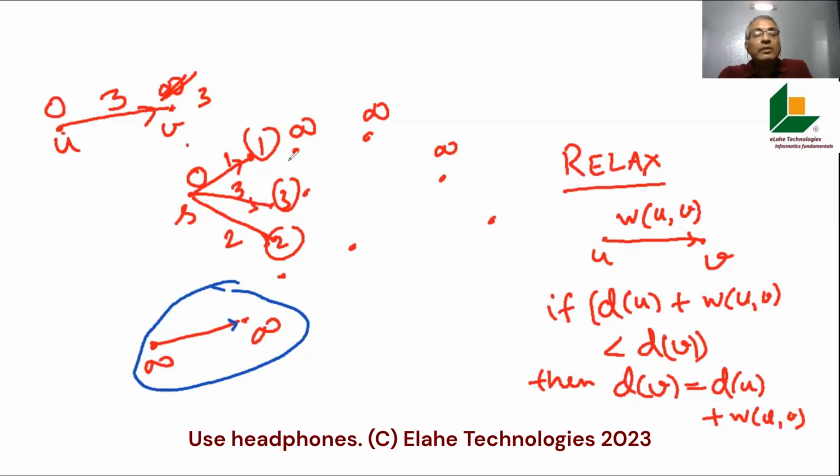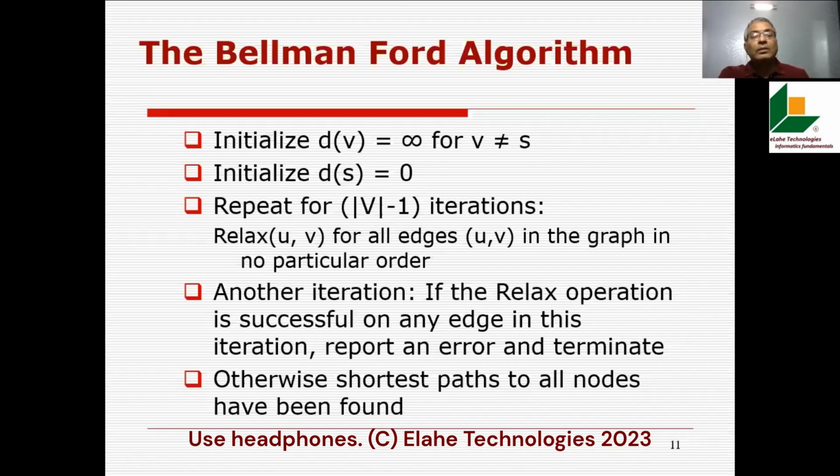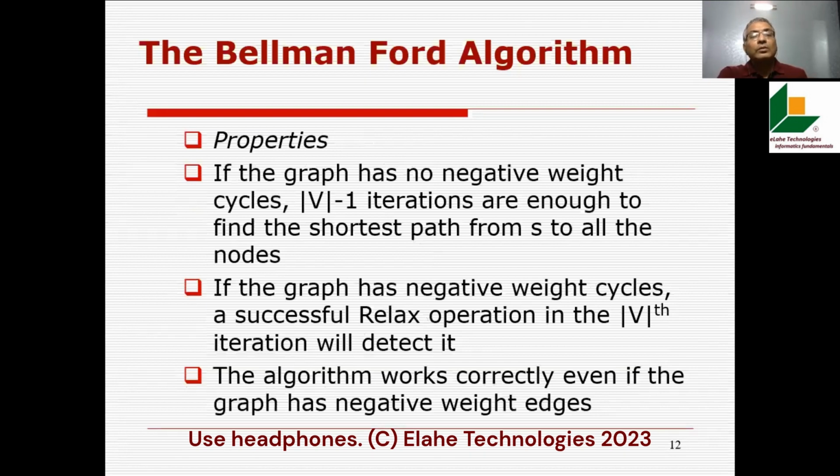The d values will represent the shortest paths from S to those vertices. So in general, so let me go back to the slides. In general, v minus 1 iterations are enough to find the shortest path from S to all the nodes.